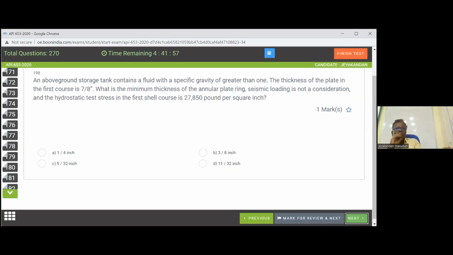Next one. An aboveground storage tank contains a fluid with a specific gravity of greater than 1. The thickness of the plate in the first course is 7/8. What is the minimum thickness of the under plate? The system is loaded with stress 27. Now which table do you have to refer?